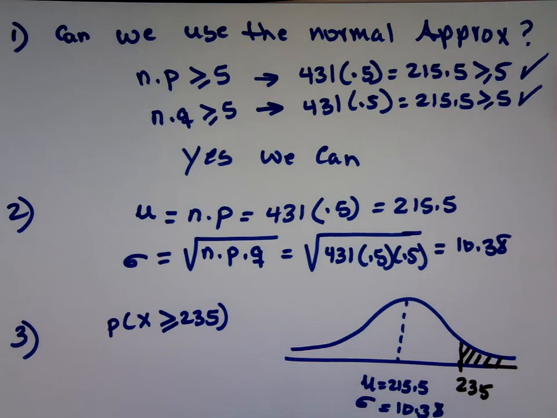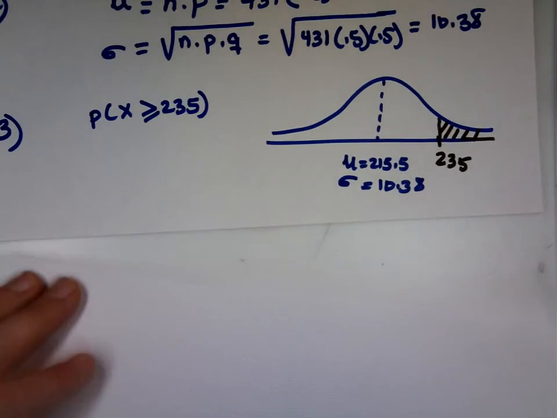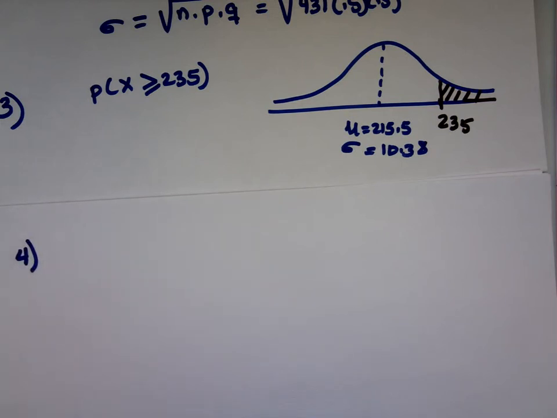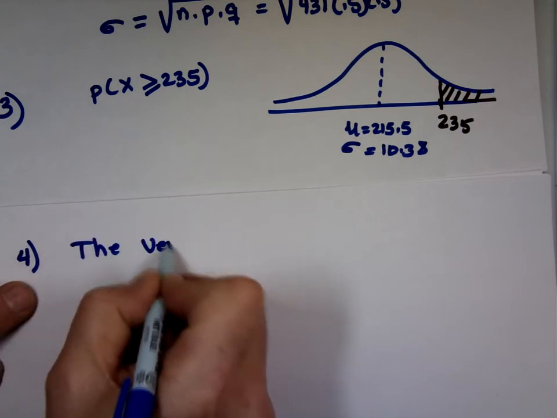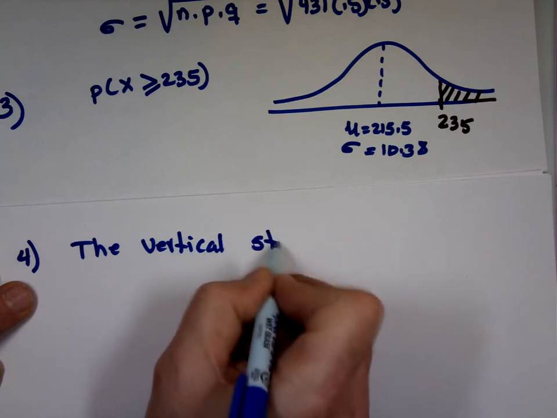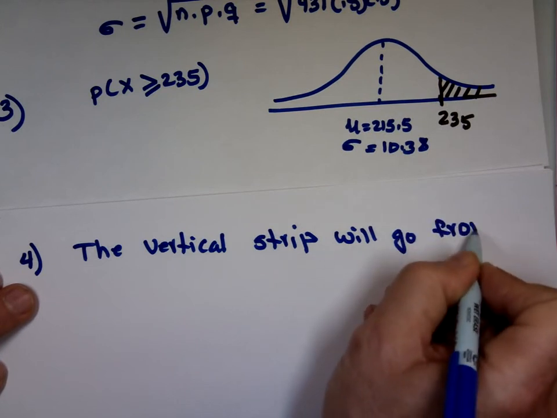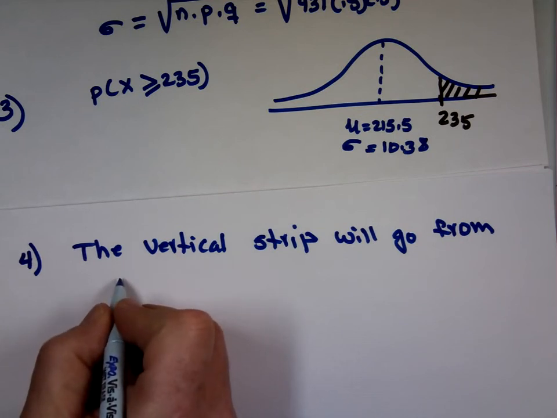Remember, we have to do an adjustment on step number 4. We're either going to add 0.5 or subtract 0.5 from x. If you look at just the vertical strip, the bar graph for the 235, where is it going to begin and end?